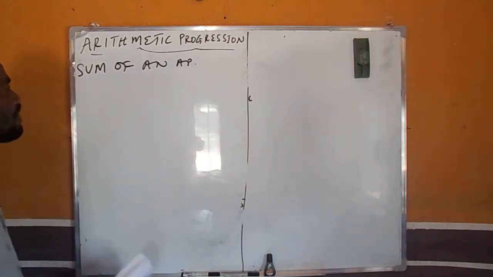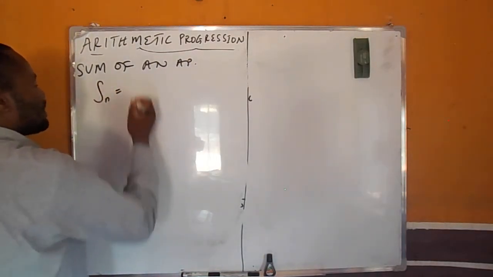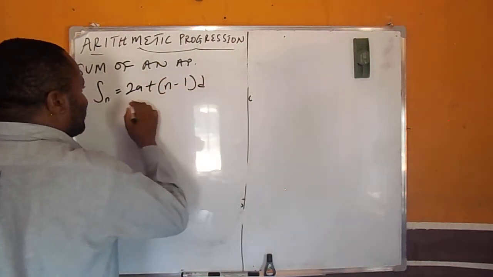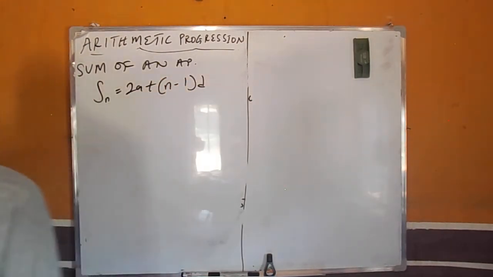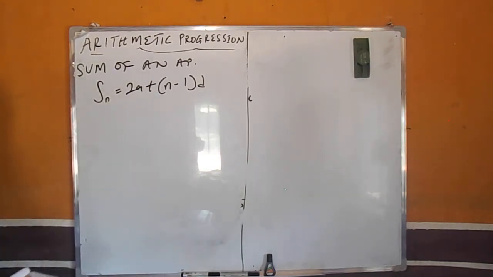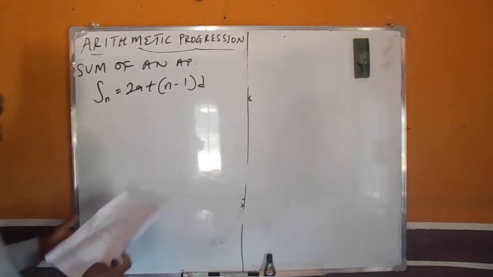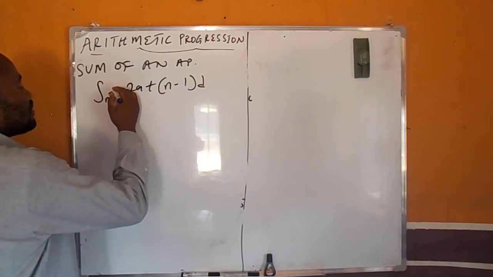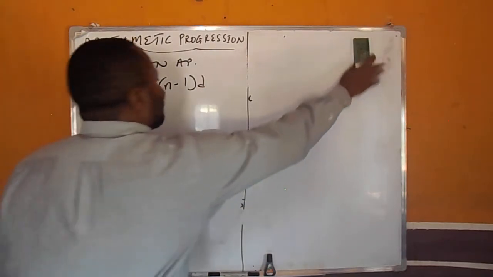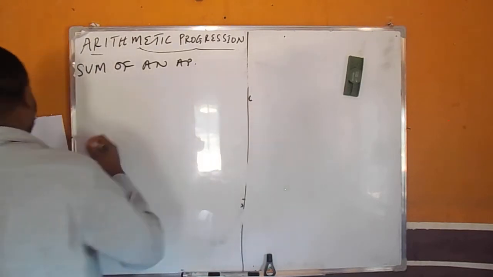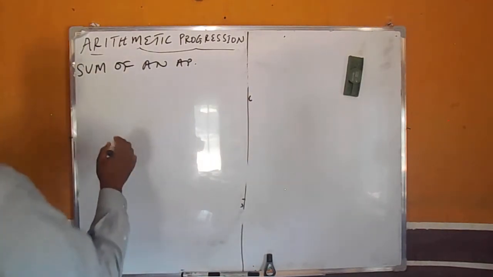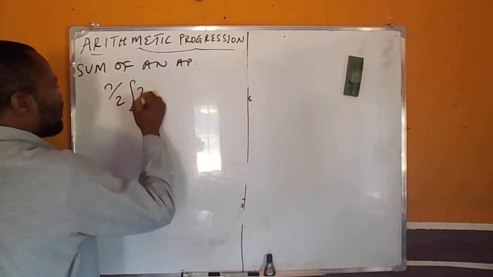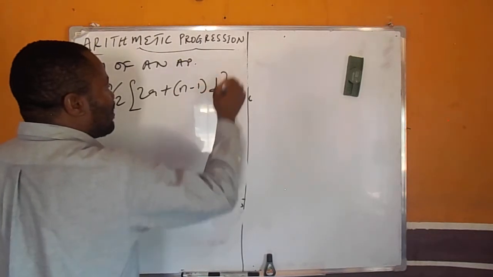The formula for finding sum of an AP is Sn equals to n all over 2, in bracket 2a plus bracket open n minus 1 bracket close d.